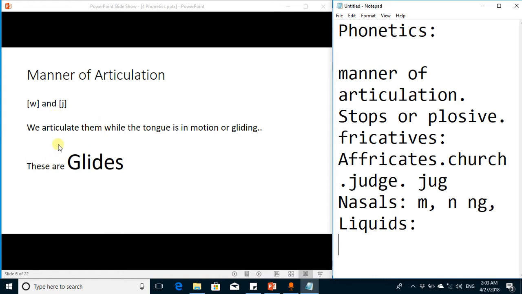So these are called glides. This sound is not like jug. You can observe it in native speakers pronouncing this word, and the other sound you can observe in walk.